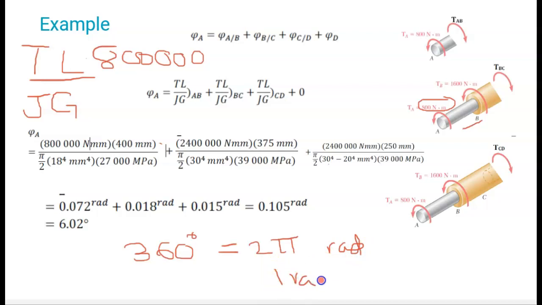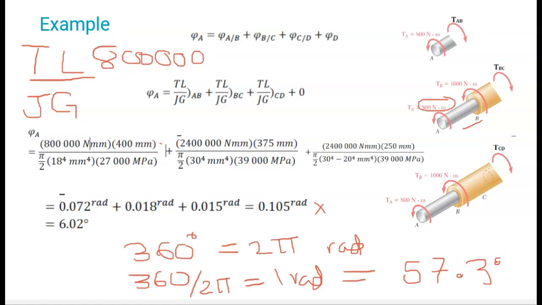So 1 radian is equal to 360 divided by 2 pi, which will give you an answer of around 57.3. So 1 radian is 57.3 degrees.